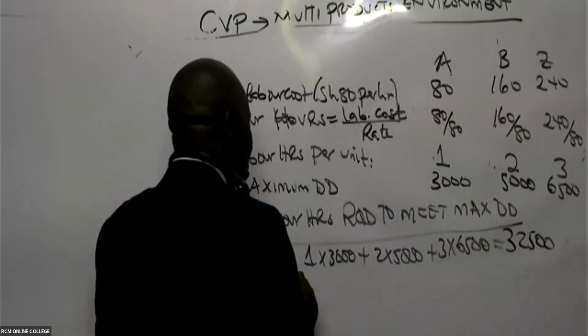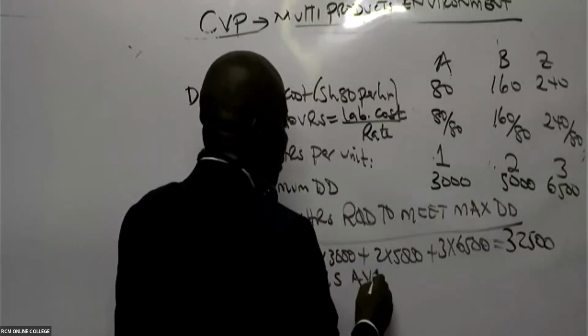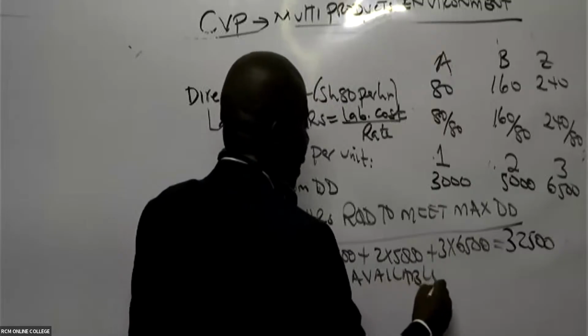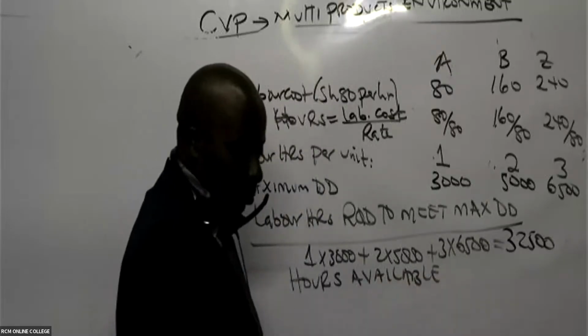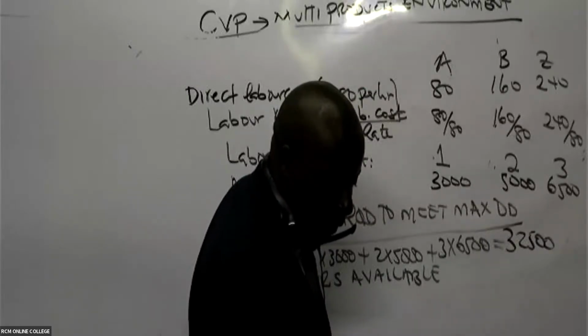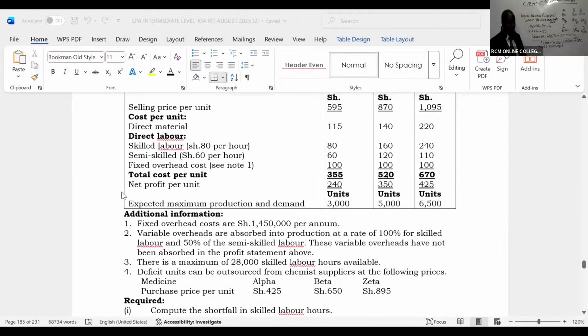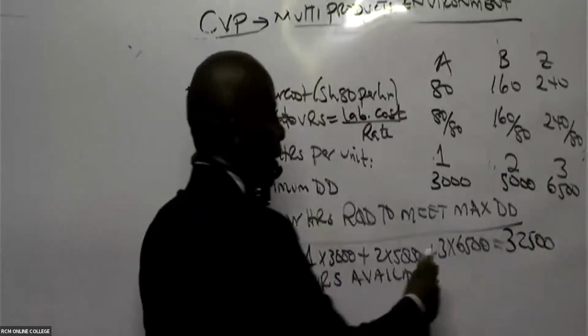And then how many hours are available? Skilled labor hours available. Is there anybody who is able to see the skilled labor hours that are available from the question? 28,000. You can see, ladies and gentlemen, in note 3, we are told there is a maximum of 28,000 skilled labor hours that are available.